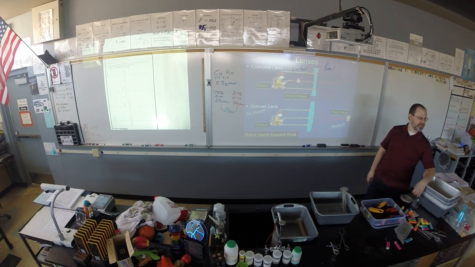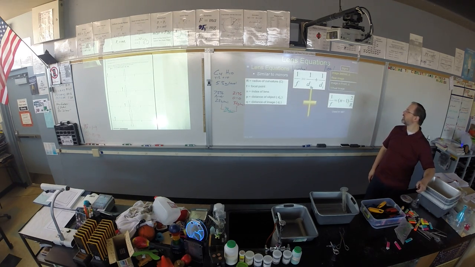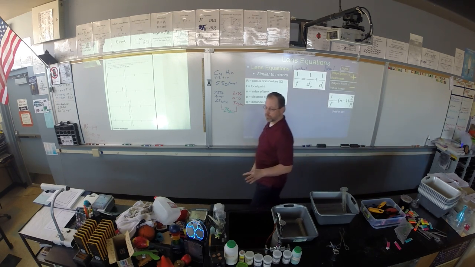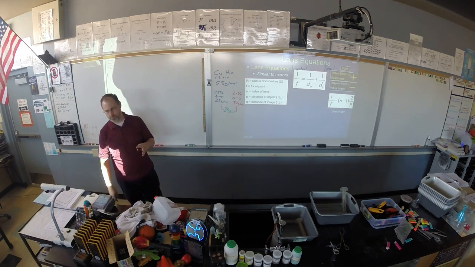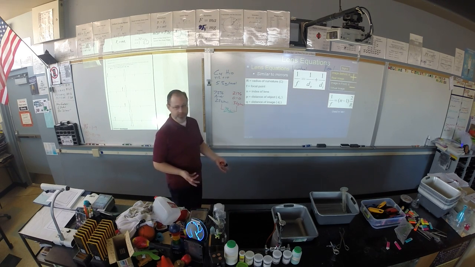Okay. So does this stuff make sense? All right. Lens equations work just like the mirror equations, except for one small change. First and foremost, the object is still always real. DO and HO will always be positive.